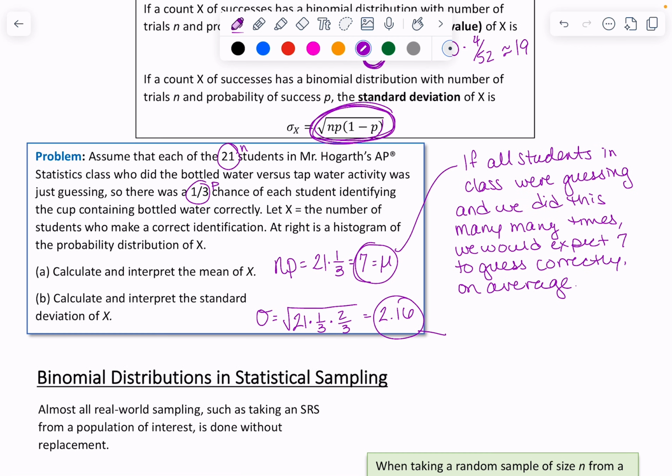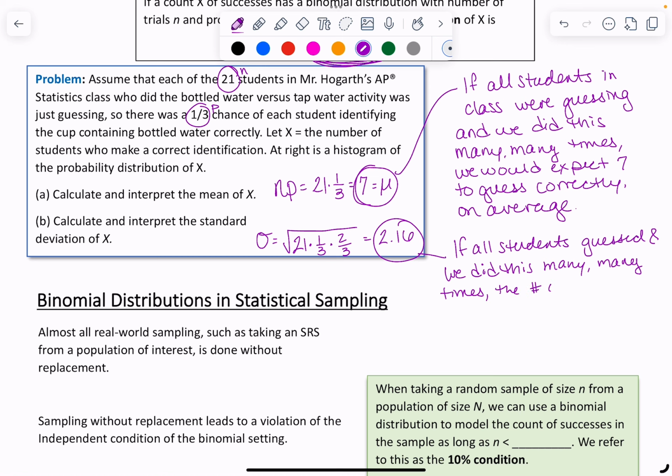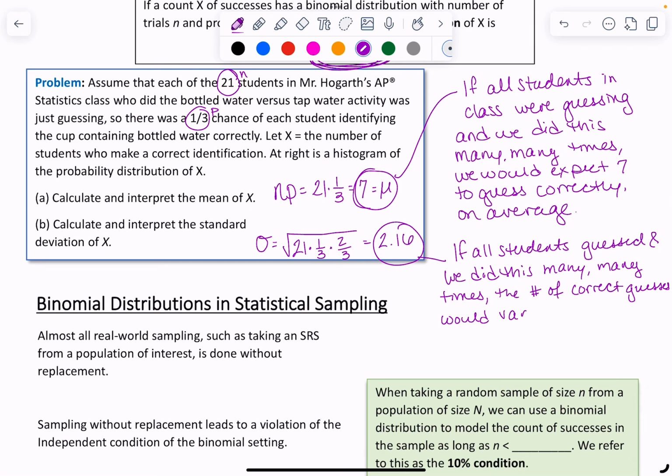So if all students guessed, and we did this many, many times, the number of correct guesses, or students who guessed correctly, would vary from the mean by about 2.16. Oh, hold on, my handwriting's going funny.